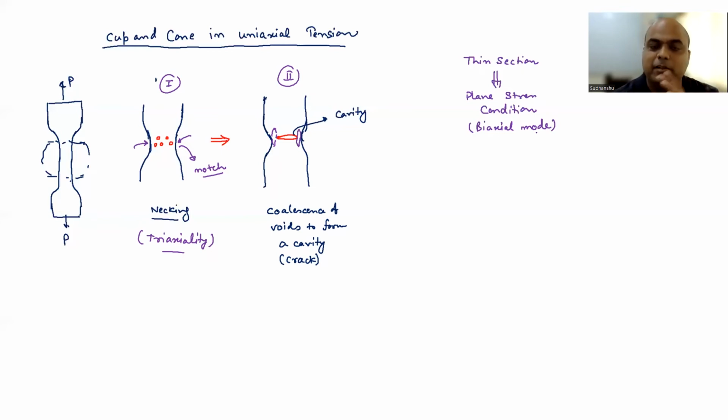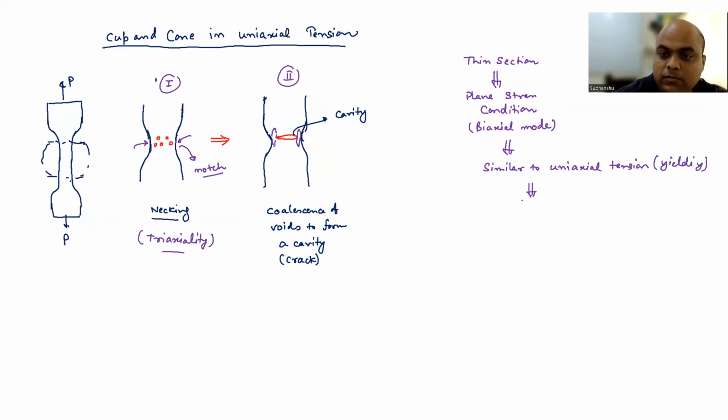Remember that, because sigma 3 becomes equal to 0, so sigma 1 becomes equal to sigma naught. So that is similar to uniaxial tension. This was also discussed when we discussed triaxiality in front of the notch. So now the condition becomes similar to uniaxial tension. So yielding.